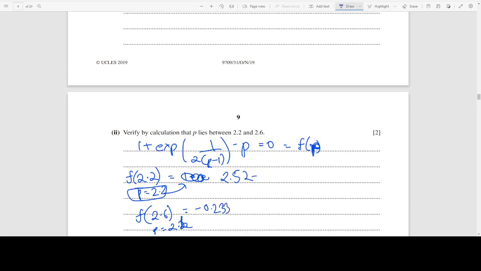Oh, and I forgot to subtract p in the calculator, so for 2.2 this is just going to be 0.166.